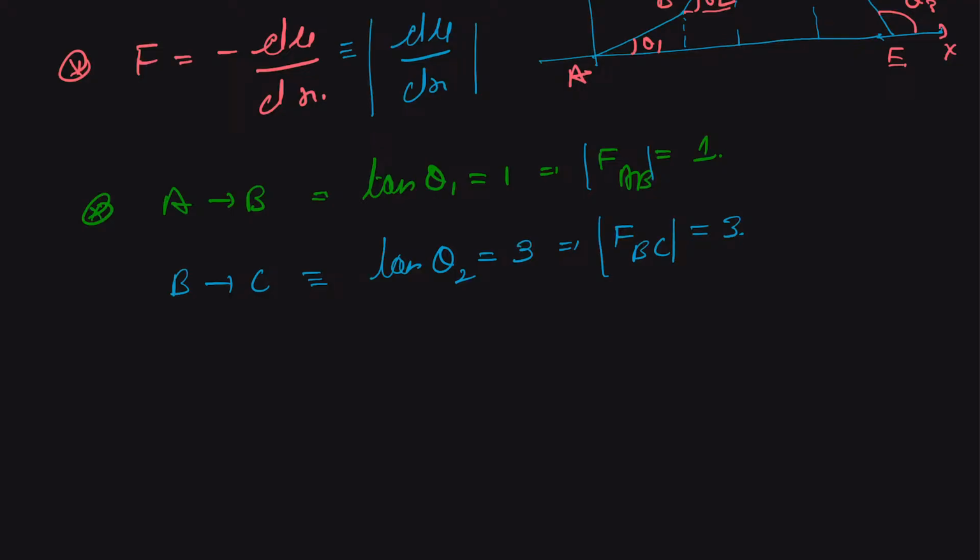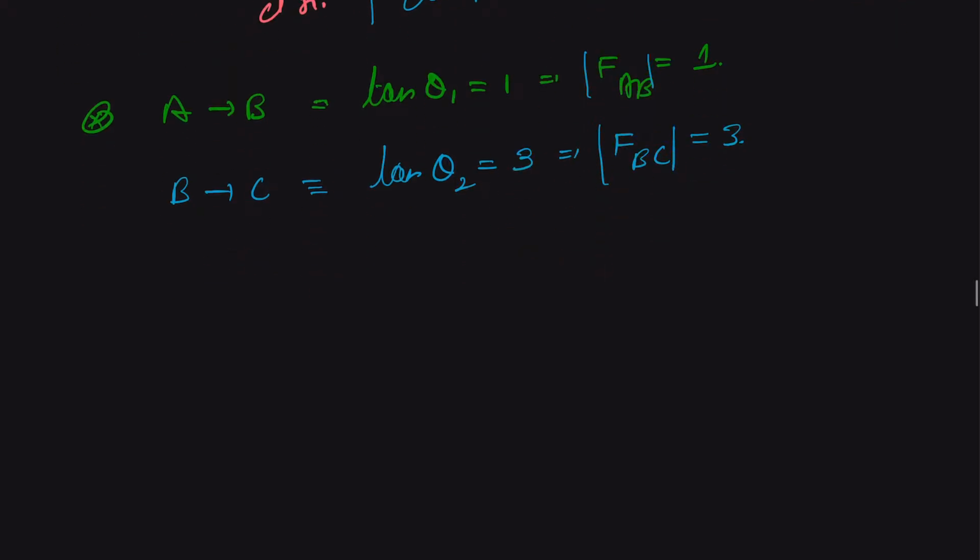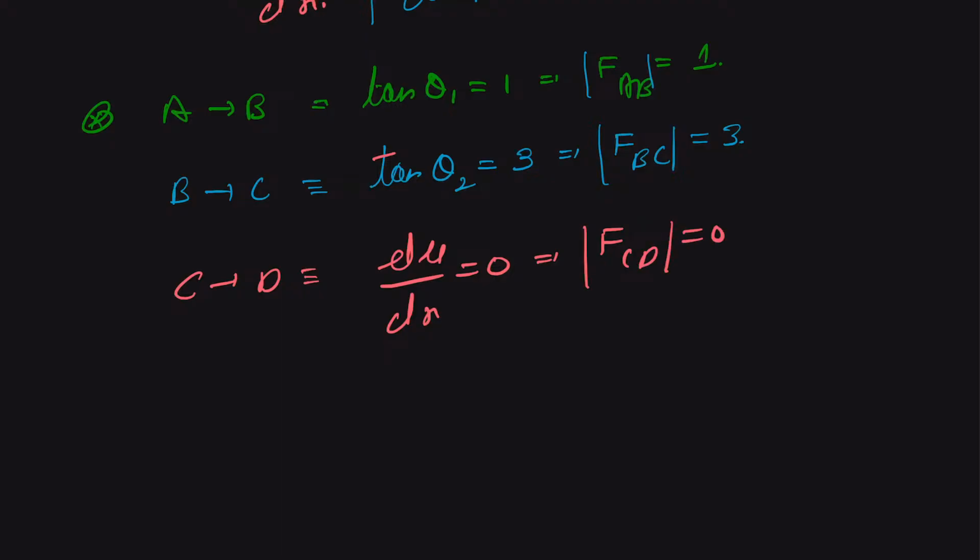And finally, for C to D, the graph is horizontal. Therefore, we can say that dU by dx will be equal to 0. Therefore, we get FCD will be equal to 0.